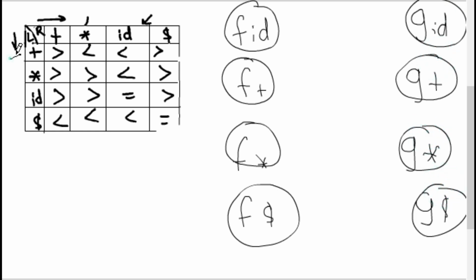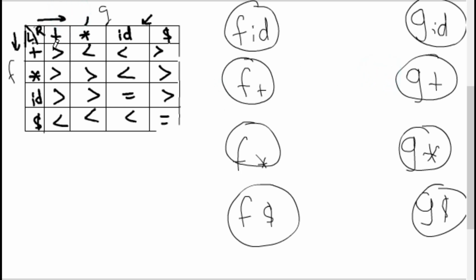Now there is plus, and then there is plus on the left hand side, and then there is plus on the right hand side. Now in between this, if you look at this, left hand side is f and right hand side is g. Now if you look at the first plus, this is f plus, and this one is the g plus.